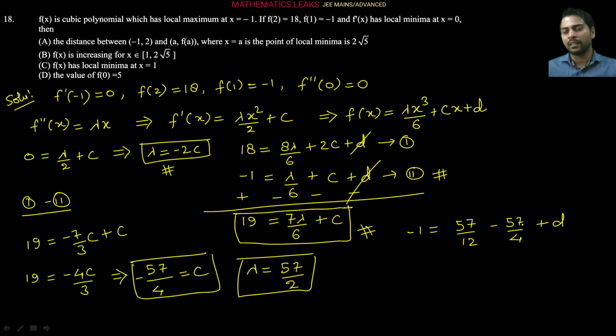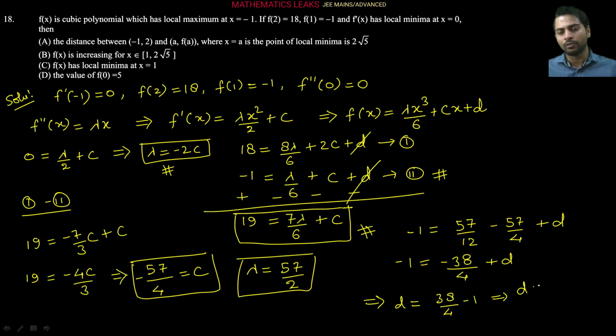So by simplification we can easily write down that this data can be written as minus 38 by 4 plus d. Further on simplifying, we are getting d is equal to 38 by 4 minus 1. So from there d is equal to 34 by 4, right?